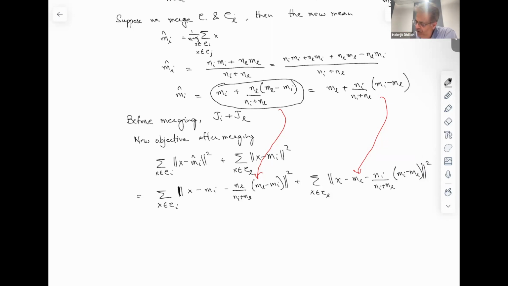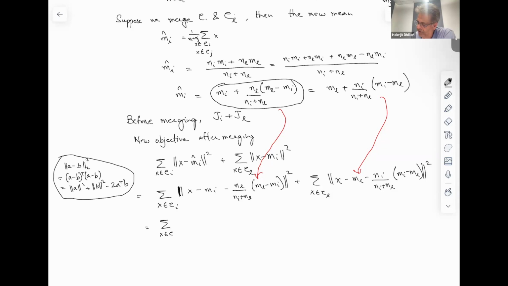Now what I will do is use the following: the norm of A minus B squared, the 2 norm, is equal to A minus B transpose A minus B, which is equal to norm of A squared plus norm of B squared minus 2 times A transpose B. So I'm going to apply this over here. Let me do that algebra.